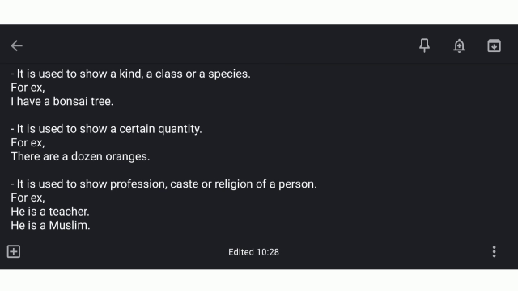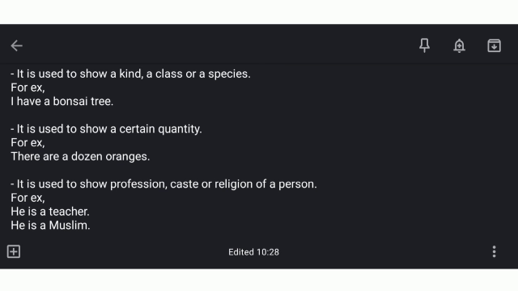So when we are talking about a different kind of tree or a species of tree, then we use a before it. We can also say, for example, I have a Labrador dog. Dog is a noun and Labrador is a species. So before the name of the species, we write a.